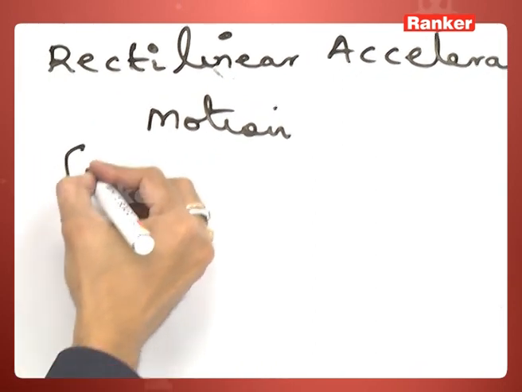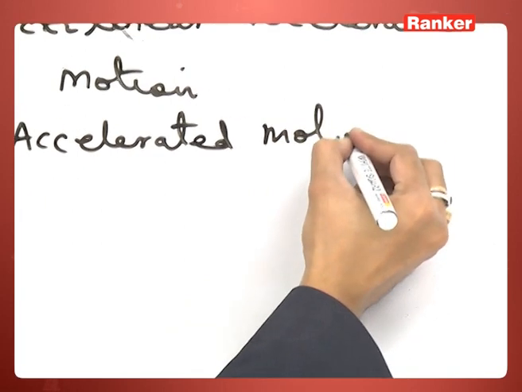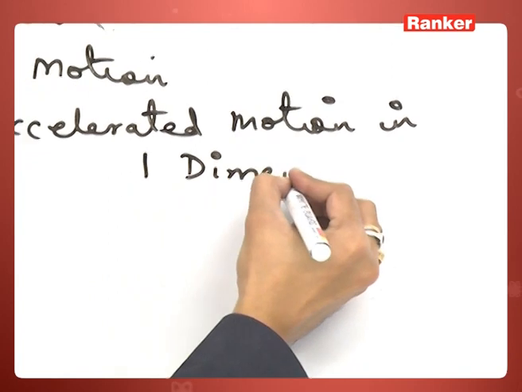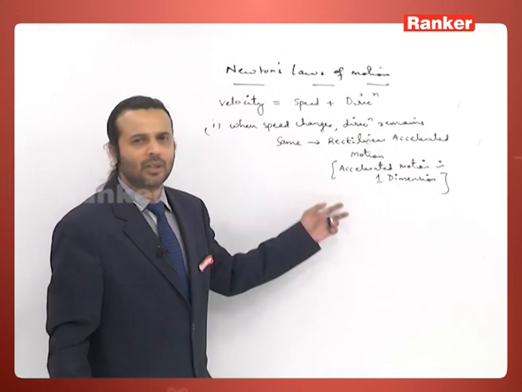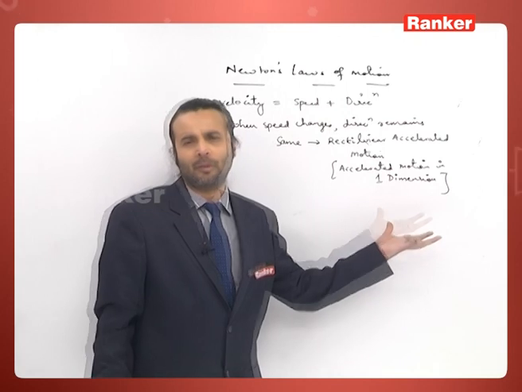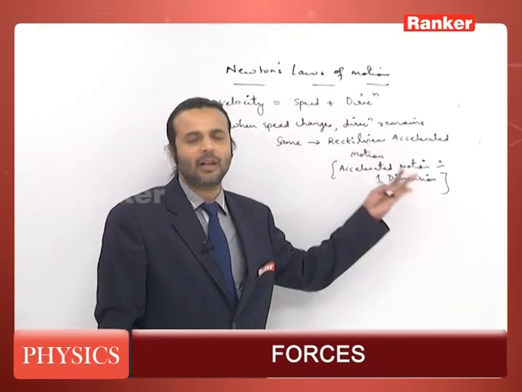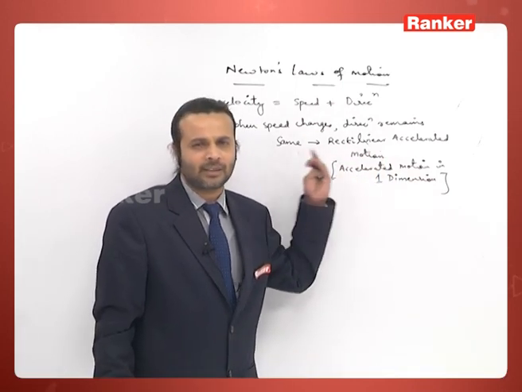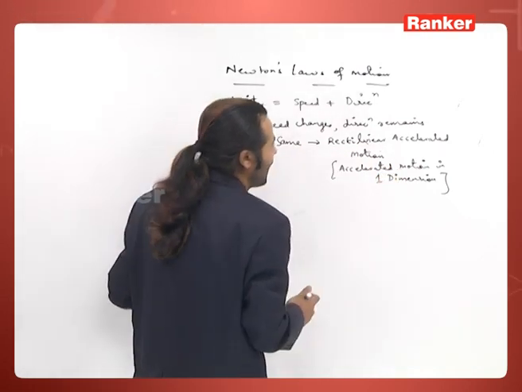That means we can say accelerated motion in one dimension, that we have studied in kinematics. That means when the speed of a body changes from 5 meter per second to 10 meter per second in 1 second, obviously the speed is changing. We can find out the acceleration from that. Now when speed changes, direction remains same, rectilinear accelerated motion.